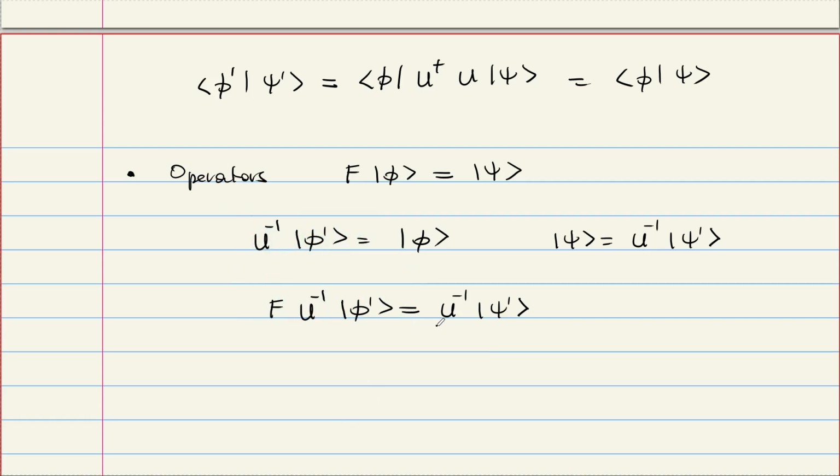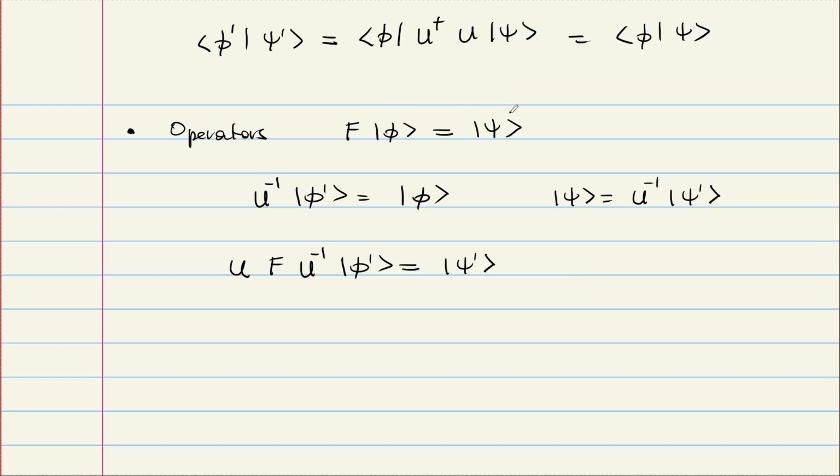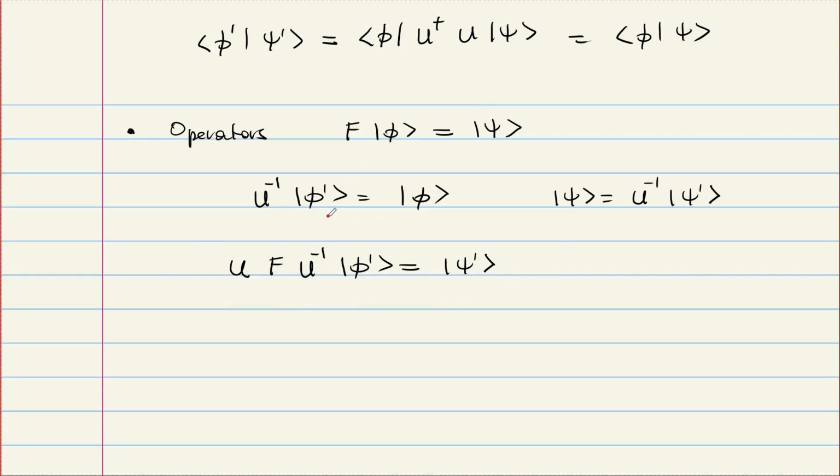And now I can multiply both sides with u. So u times u to the minus 1 is 1. Before the transformation I have this equation, after the transformation I have this equation, and from comparing these two I can conclude how this unitary transformation changes the operator. So this f will go to u f u to the minus 1.